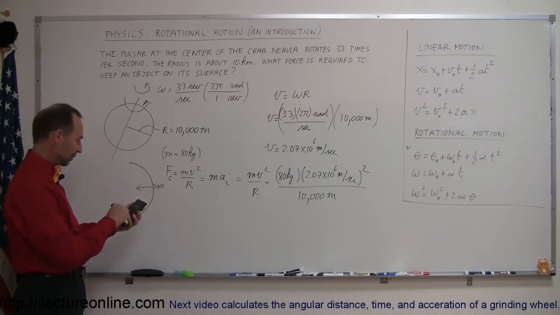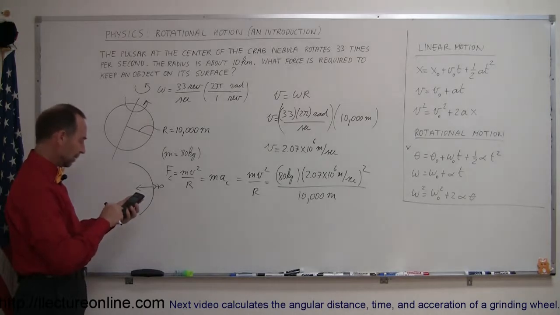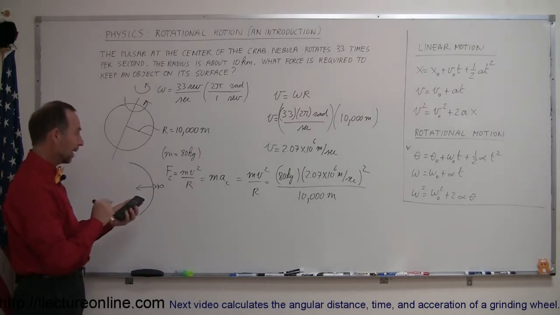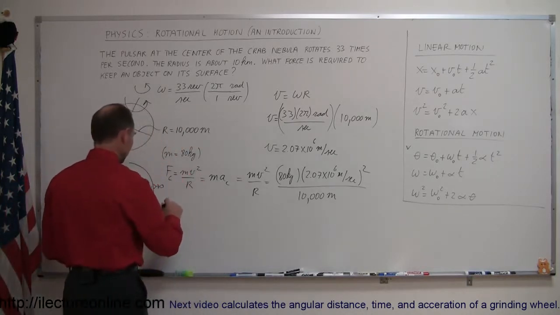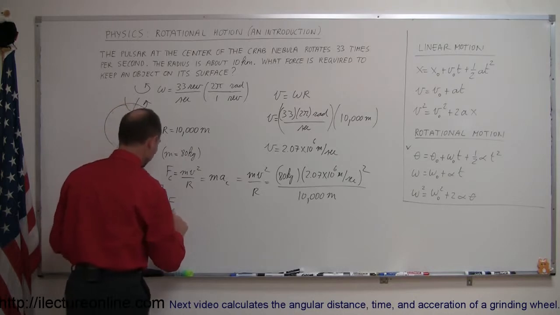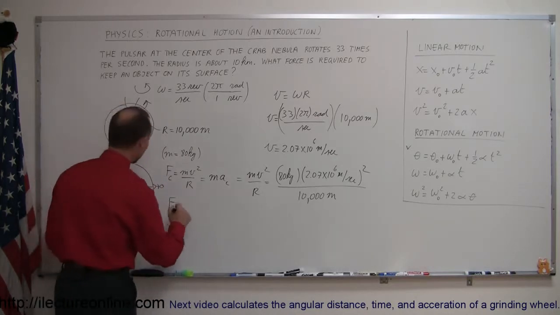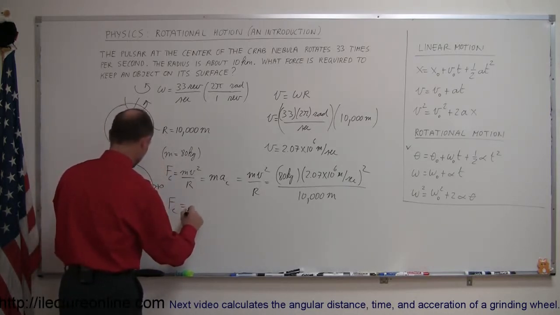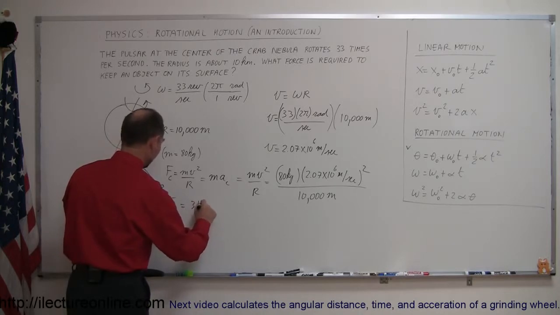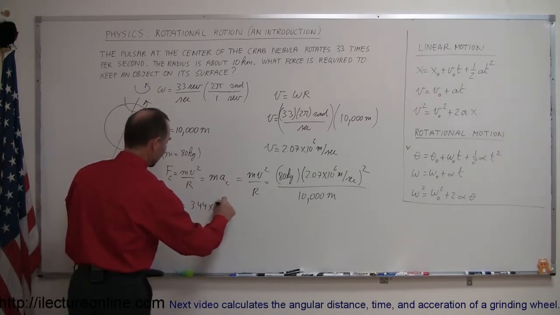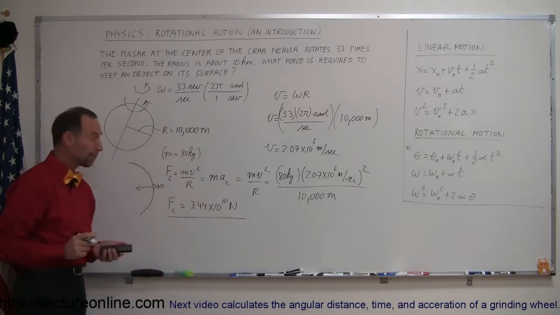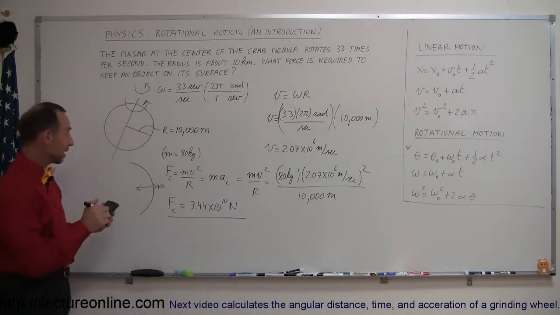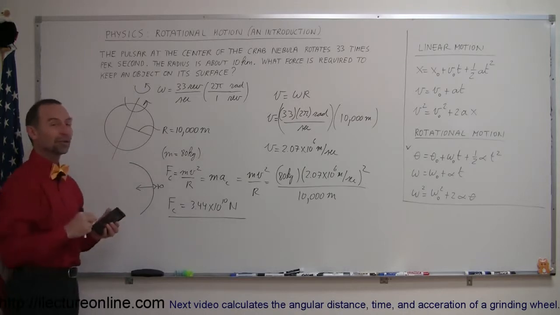We square this amount, and then we multiply times 80, and then we divide it by 10,000. And that means to keep a person from spinning off a neutron star or a pulsar, the force is 3.44 times 10 to the 10th newtons. So that's about 34 billion newtons required to keep you from spinning off this fast spinning star.